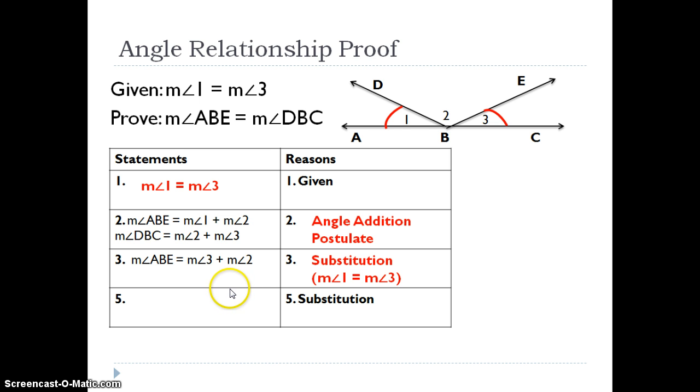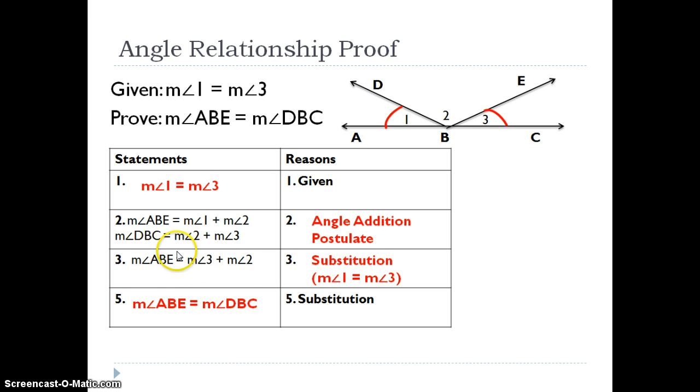Then our last step that we need to fill in says that we're going to use substitution again. So we know this is going to be our proof statement. Your proof statement is always your last statement, but let's talk about why this proof statement is true. How do I know the measure of ABE is equal to the measure of DBC?